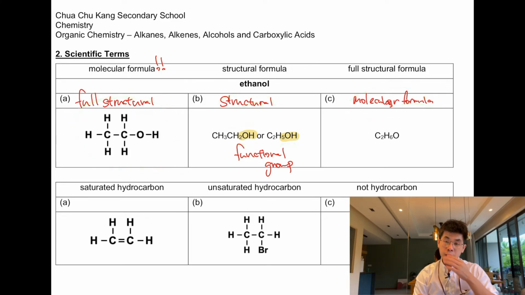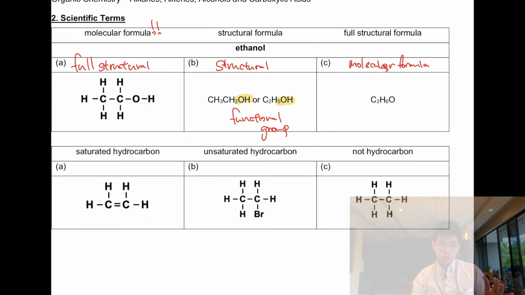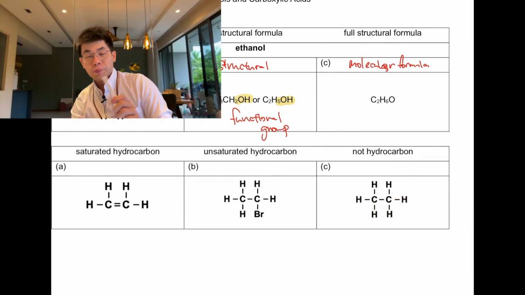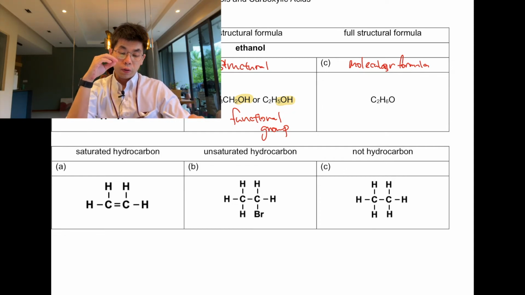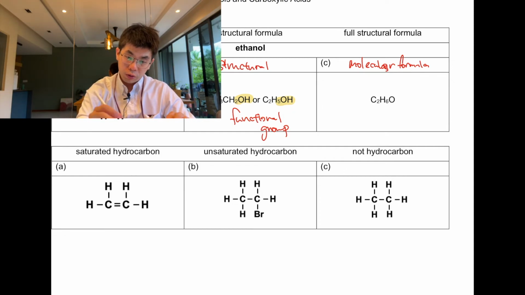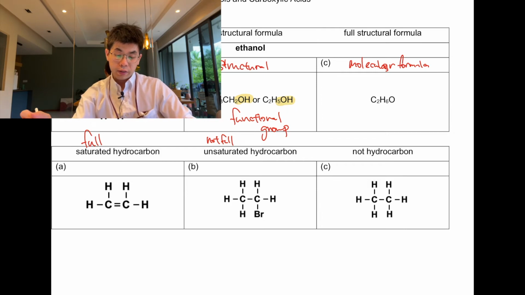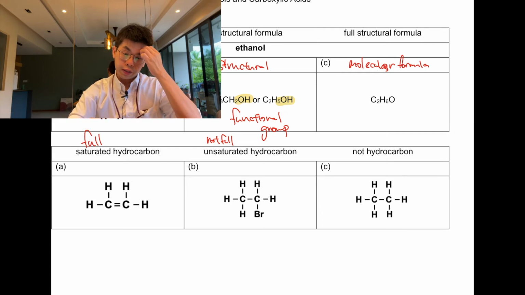Okay? Now, just now, remember we talked about substituting and adding. And when you add, it cannot be full. So now we'll use the word saturated and unsaturated. If your brain is saturated, you cannot put anything else in. So saturated means full, and unsaturated means not full. If you look at this one over here, we have something that is not full.